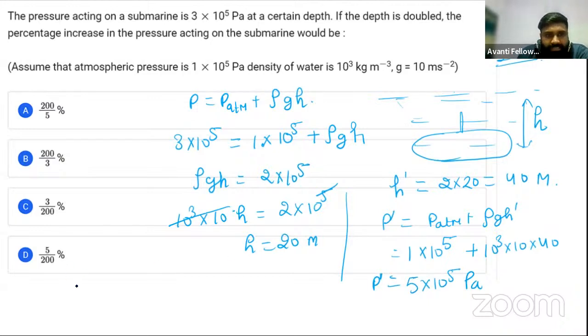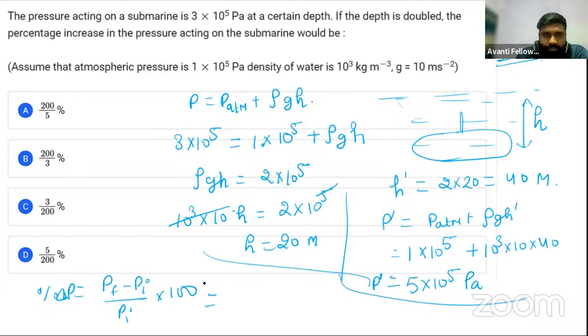So the percentage increase is given by P final minus P initial divided by P initial multiplied by 100. This is the percentage increase in change in pressure. So P final is 5 into 10 raised to the power 5. P initial is 3 into 10 raised to the power 5, which is given to you.